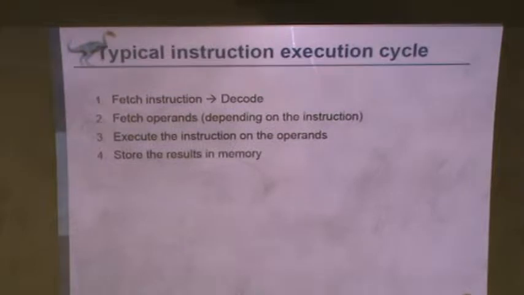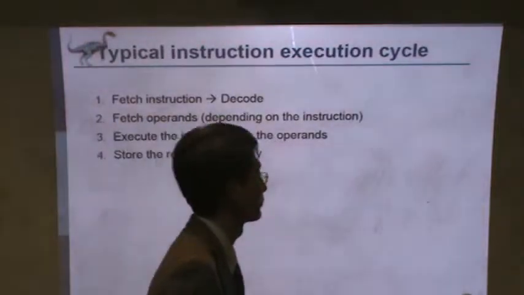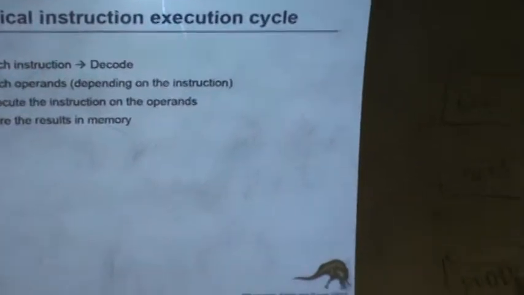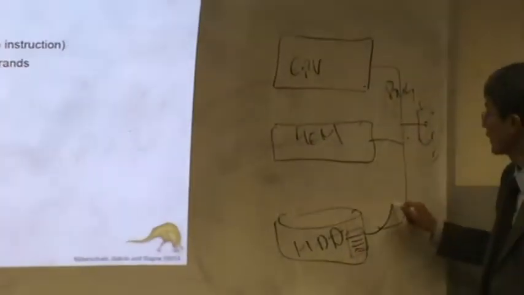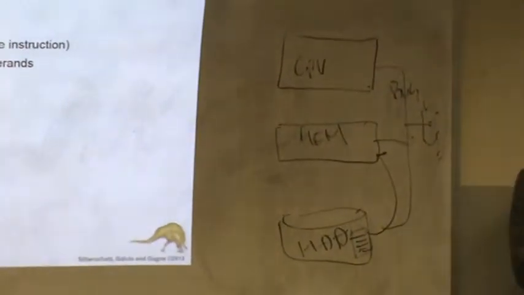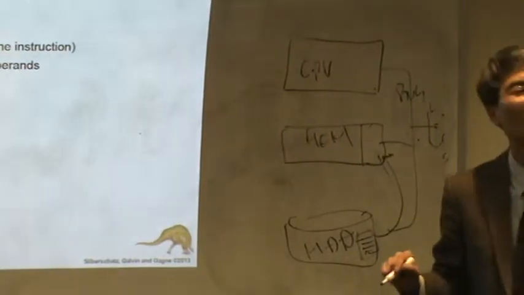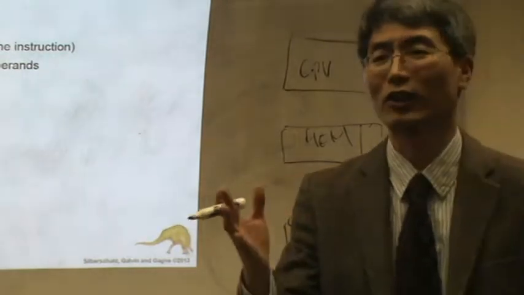This is the typical way for a process to execute instructions. We have the program here. If you execute the program, the instructions will be loaded into the memory. By the way, what is the memory structure?